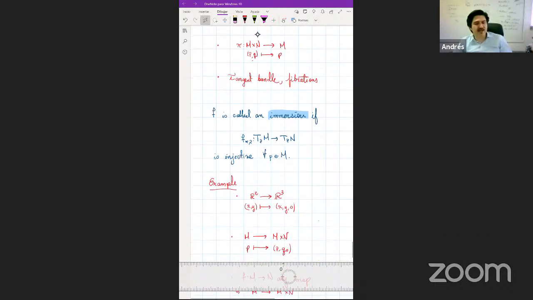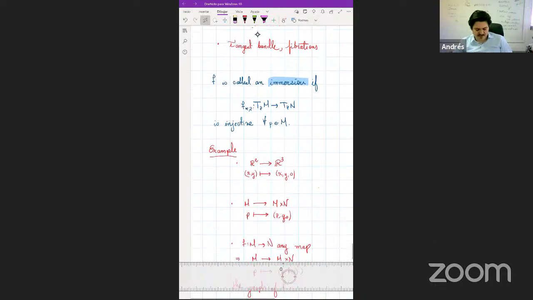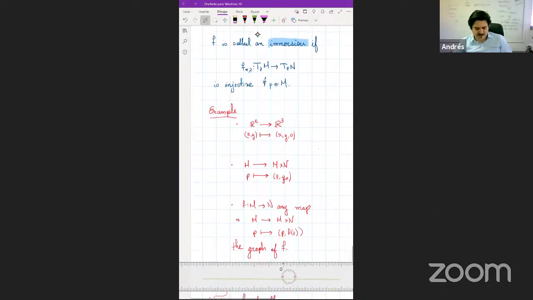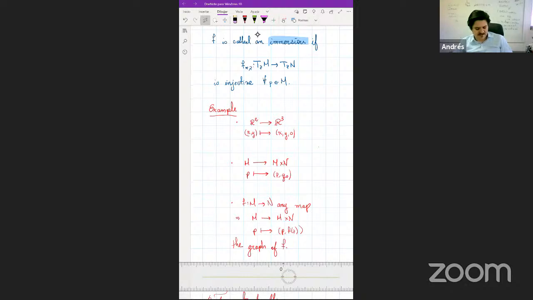More generally, an inclusion at the level of manifolds is also an example of an immersion. Another example is the one that appears in the problems of some manifolds, the graph.